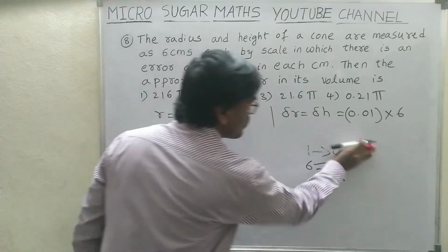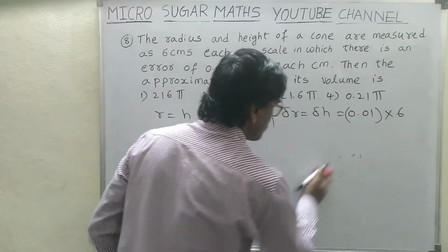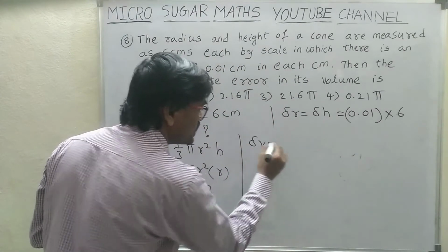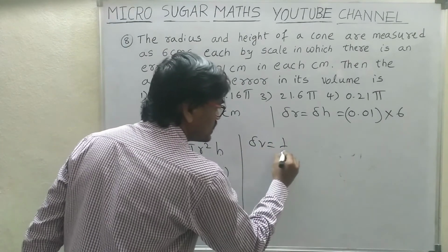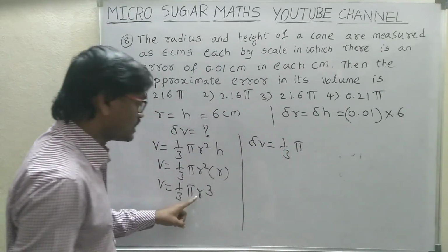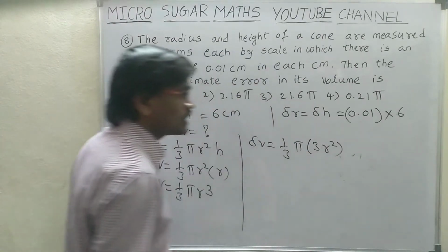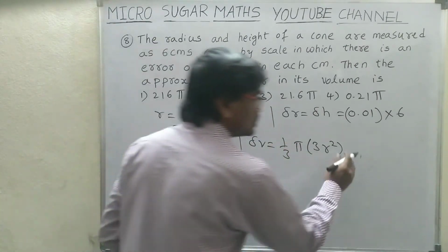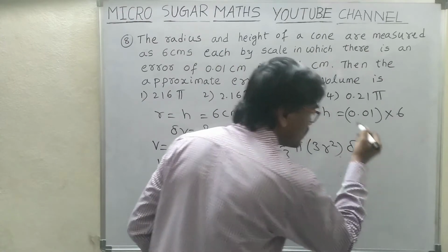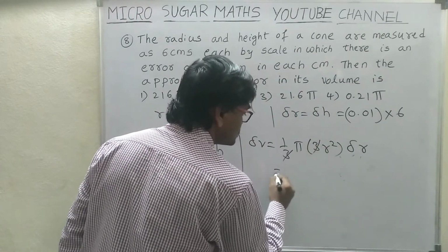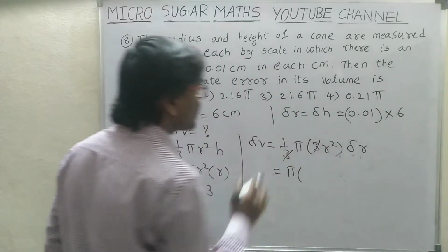Now students, on differentiation on both sides, you will get delta V is equal to 1 by 3 pi. Students, the r cube derivative is 3 r square, into delta r. Now write down all values. Here 3 cancels. Pi into, what is your r value?